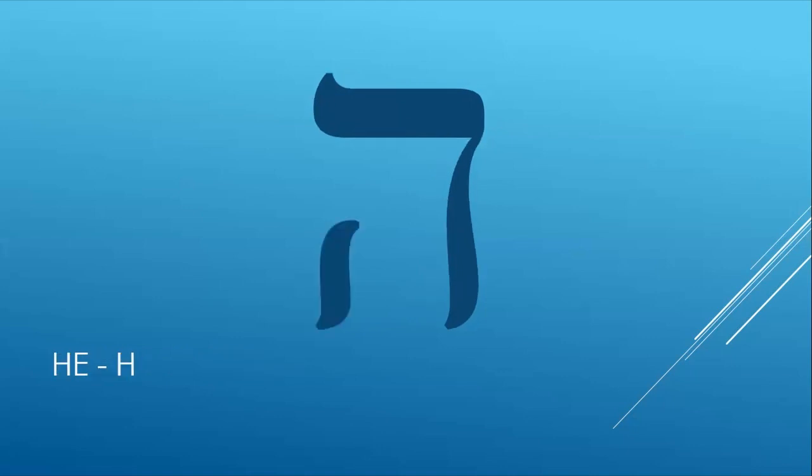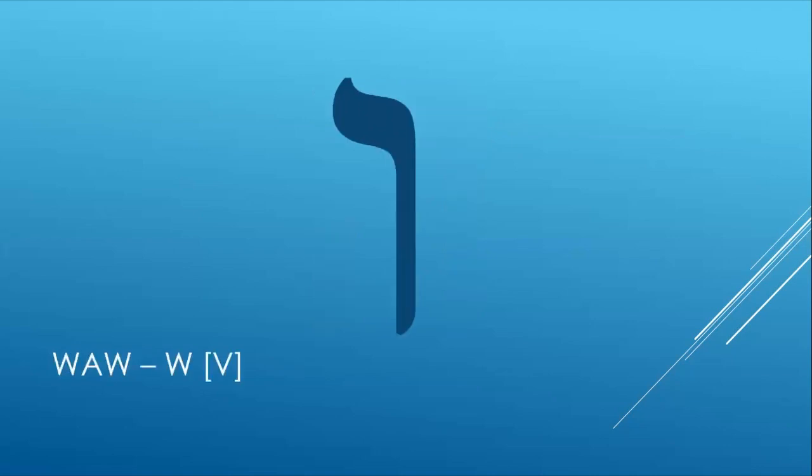He, which is just our regular H, our English H. Vav, or historically Wow, which is a W for the most part. It can sometimes act like an O or a U, but among speakers of modern Hebrew, it's going to be Vav, and that has to do with the way the Hebrew is spoken in the Holy Land.